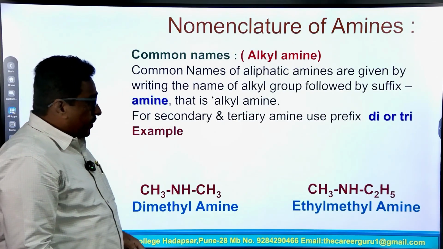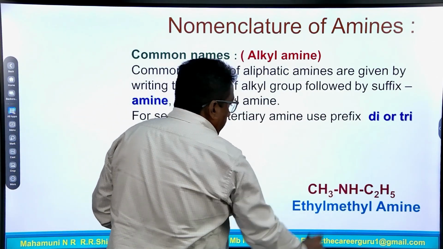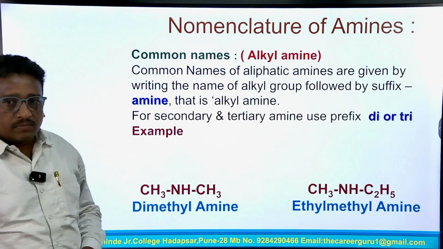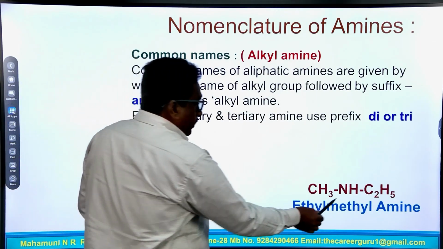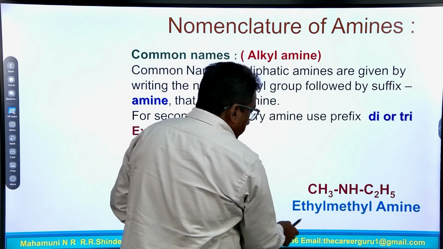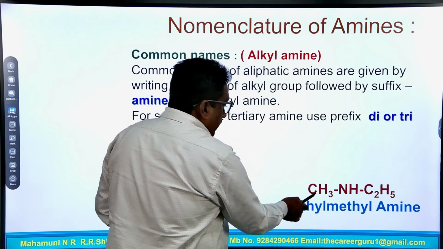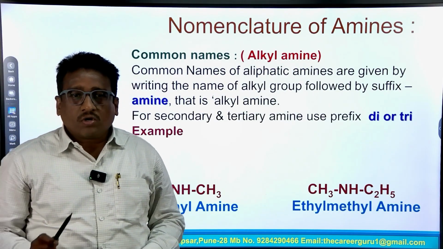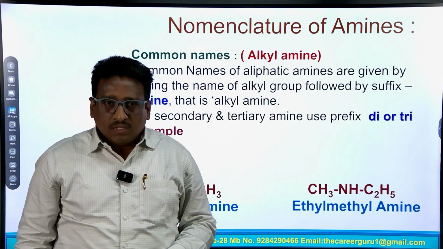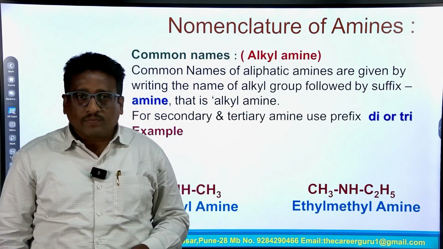In the second example, different alkyl or aryl groups are attached to nitrogen atom, so arrange them in alphabetical order. First write the name of this C2H5 group, ethyl, then write the name of methyl and write suffix amine. So it is called ethyl methyl amine. So this is the first nomenclature system of amines.